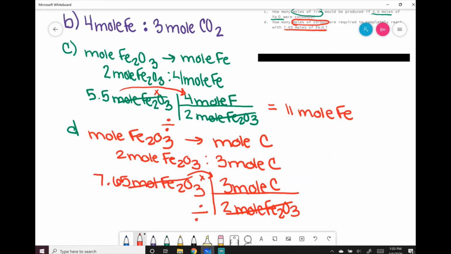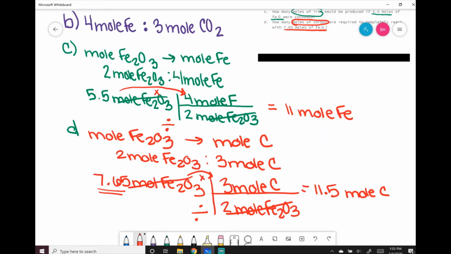So I'm going to take my 7.65, multiply it by 3, and then divide by 2. And I want the same number of digits that I have in my original. So I'm going to have 11.5 moles of carbon. So if you were to look at this, my ratio is still the same as what it is over here if I were to set up my ratio the same.